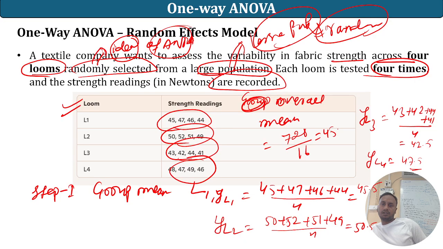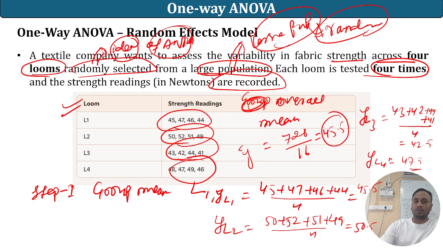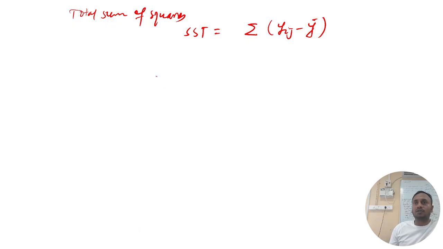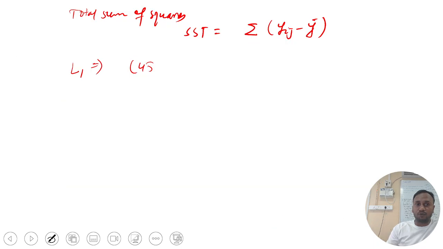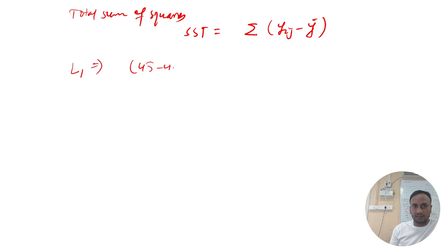How much will come? 45.5. So we got the value of Y bar. Now we'll calculate for L1. For L1, how much will it come? 45 minus 45.5, and so on.